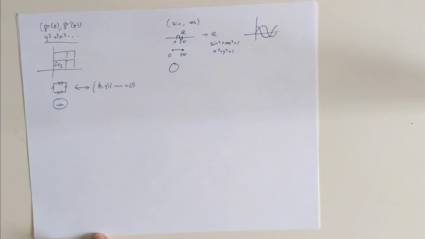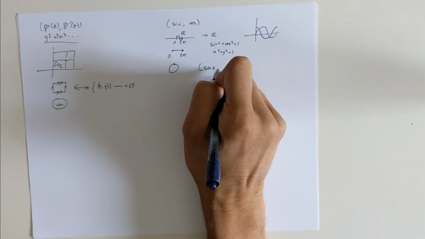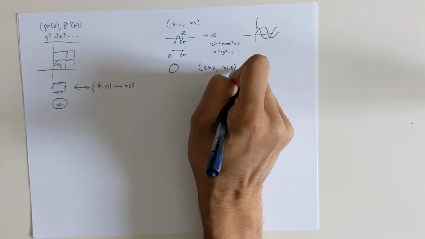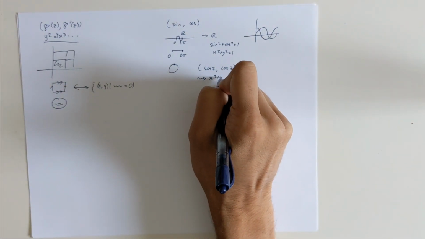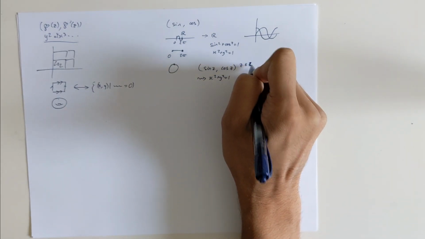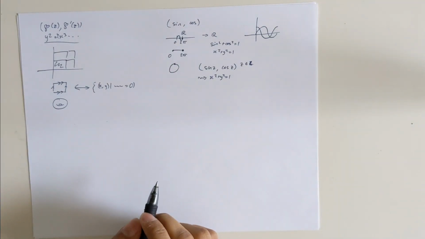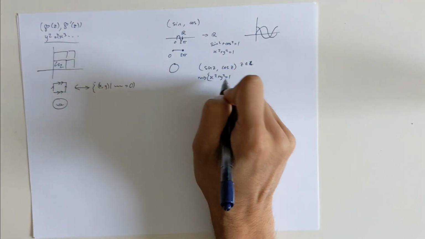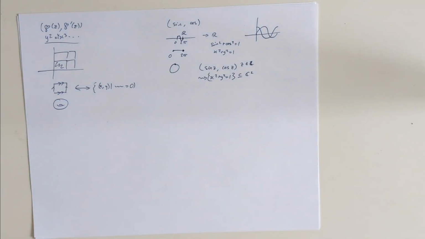In fact, we can go a little bit deeper. We can actually look at what happens if we look at the parameterization sine z, cosine z. This will still satisfy the equation x squared plus y squared equals 1. And by the way, here now I'm considering z as a complex number. This will still satisfy the equation x squared plus y squared equals 1, but now we consider the set of solutions to this inside C2.